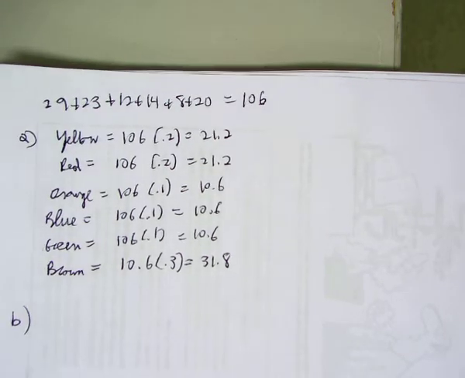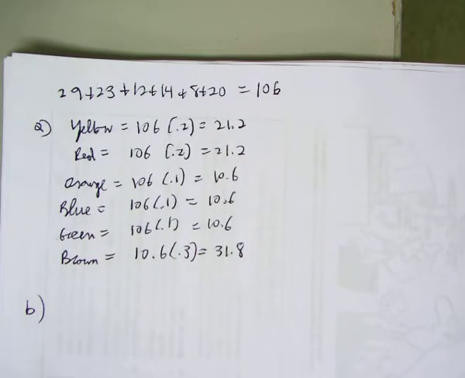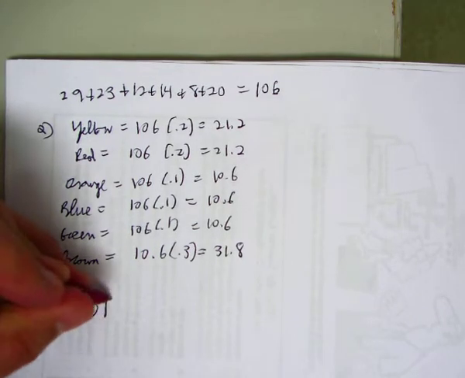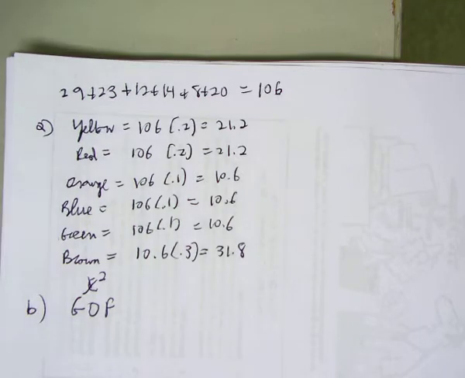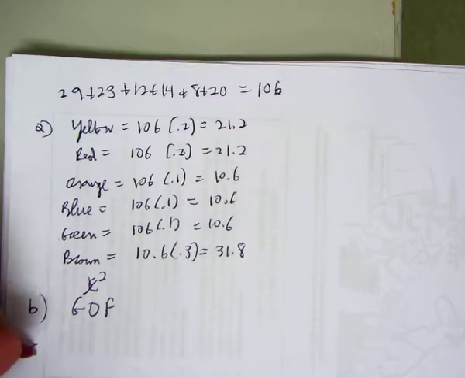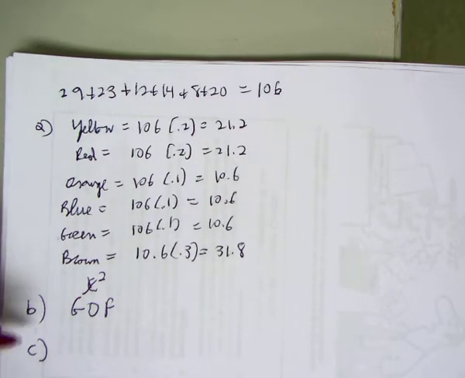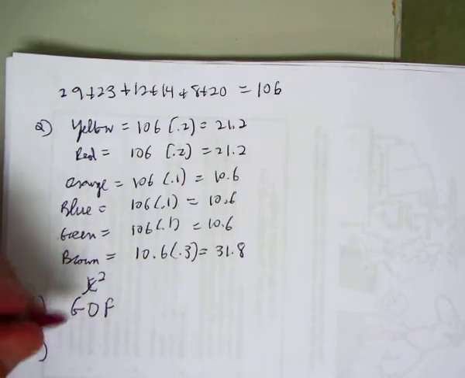Part B is, what kind of test are we going to do? Well, we're going to test an actual distribution versus an expected distribution. So this is a chi-squared goodness of fit test. Okay, and then C is, what is the null hypothesis?